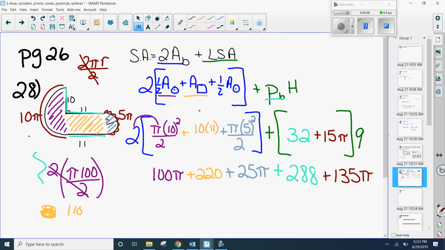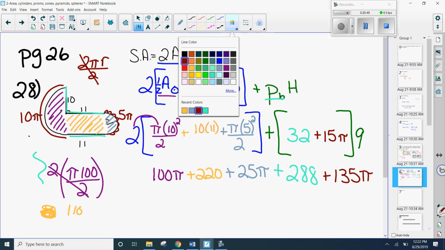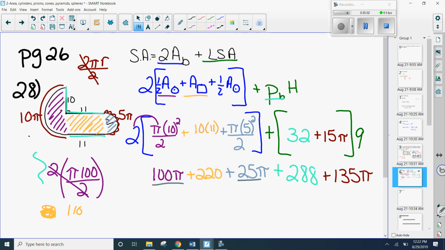All right, what can we group together? So now the overall answer, we group the pi's together, which is going to be 260 pi, and we're going to group 220 plus 288 to give you 508.